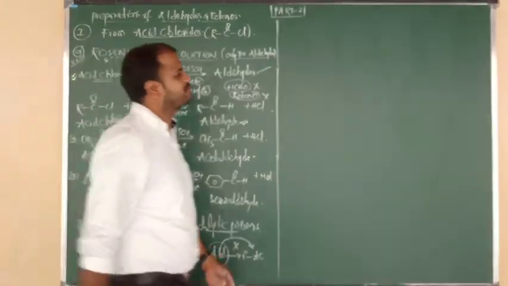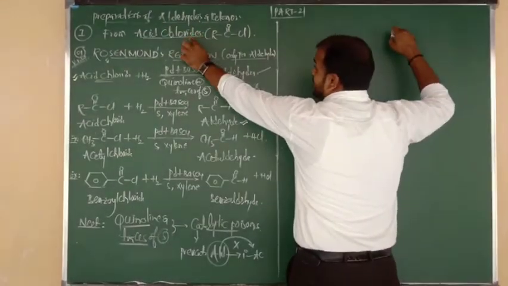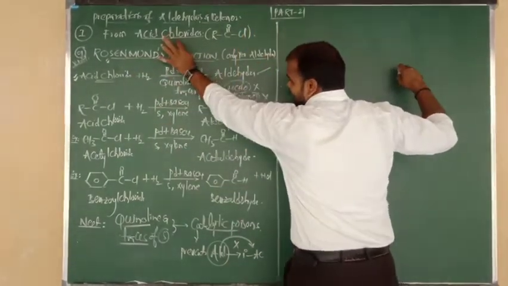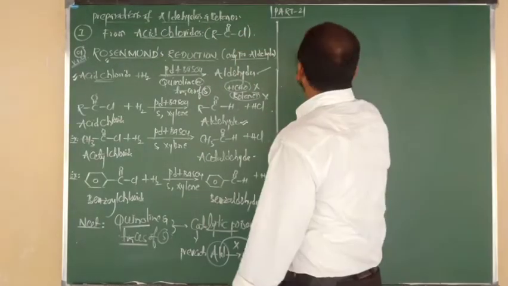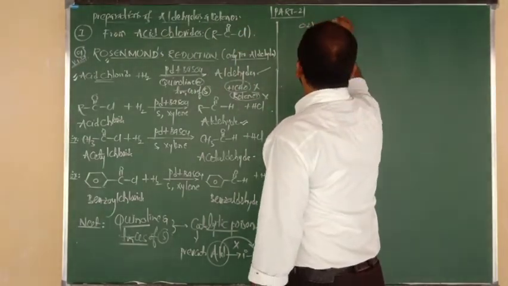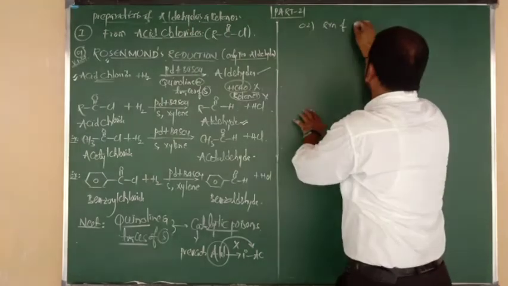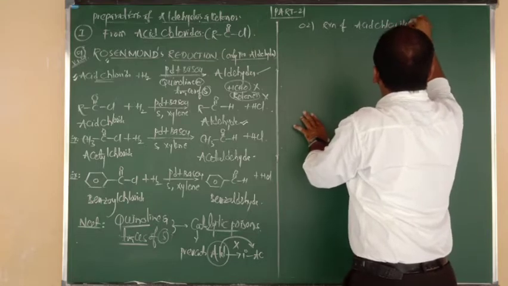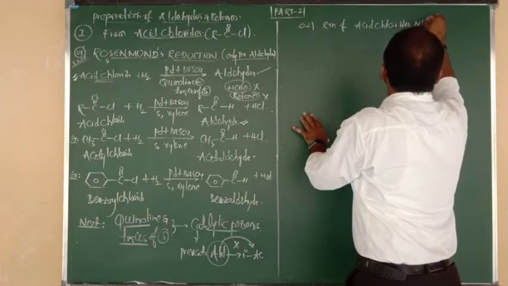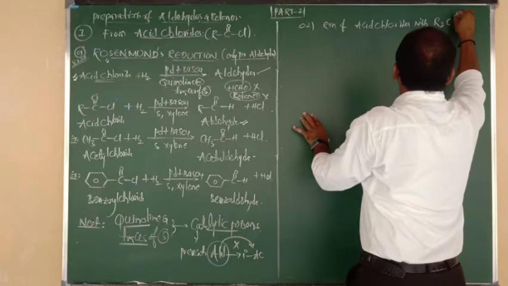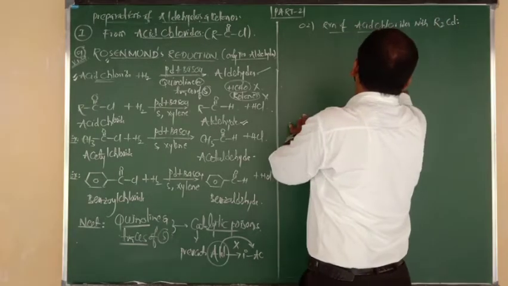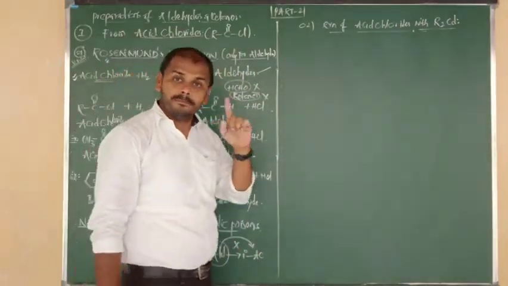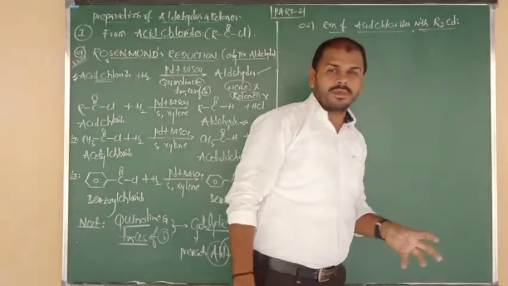Okay, now good. From acid chlorides, how to prepare the aldehydes? By using Rosenmund reduction. Again, from acid chlorides, how to prepare the ketones? That is number 2: reaction of acid chlorides with R2Cd, which means dialkyl cadmium.